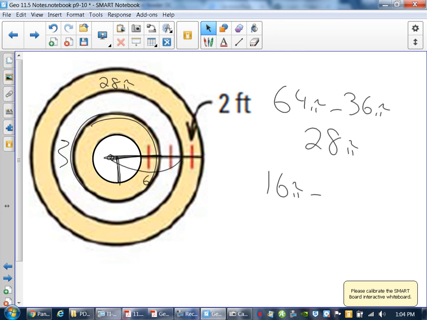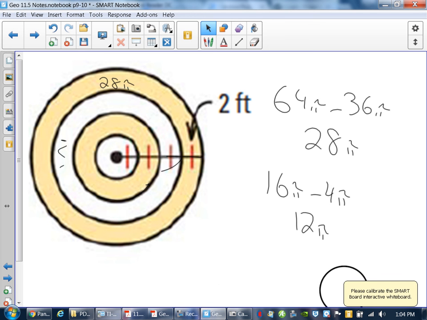If I have a 2 radius, what's my area? 4 pi. Which gives me this ring in the middle an area of 12 pi. So the area of the yellow then is 28 and 12, otherwise known as 28 plus 12 is 40.